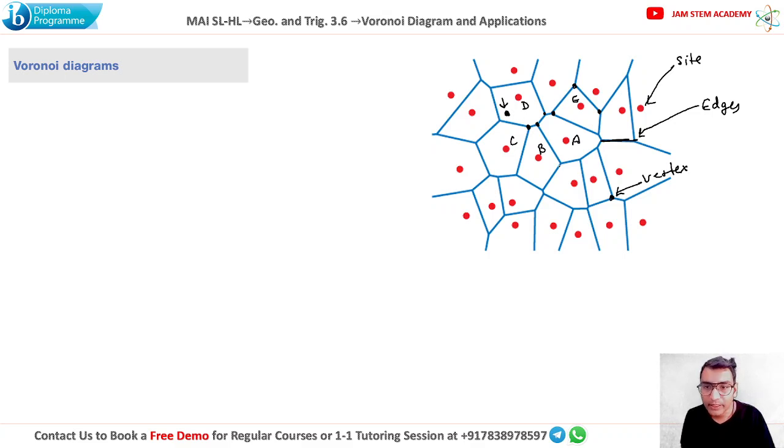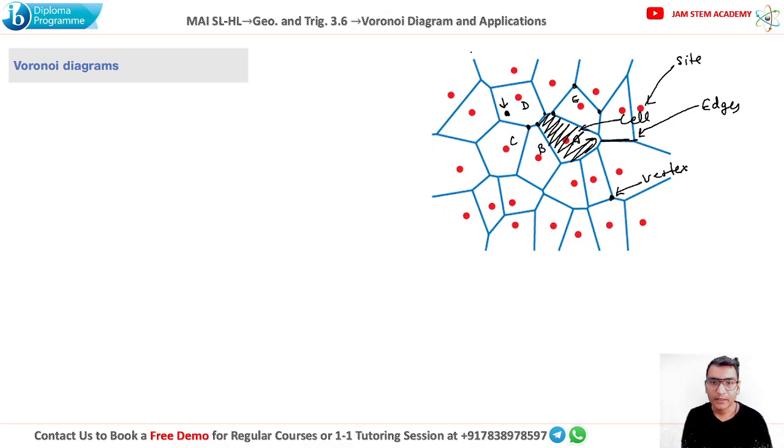And the most important, the cell. What is a cell? This region around that particular site is the cell for it. If a person is calling from within that cell, it will be better if A delivers that packet. So this is called a cell.